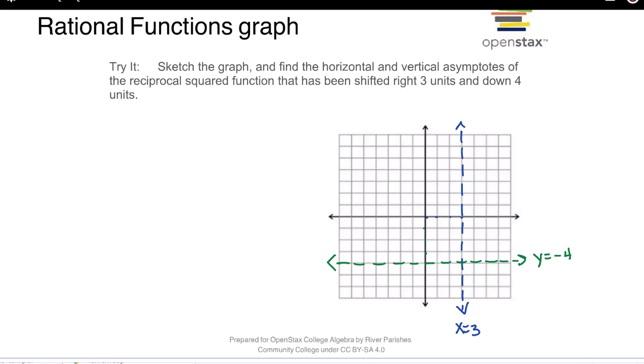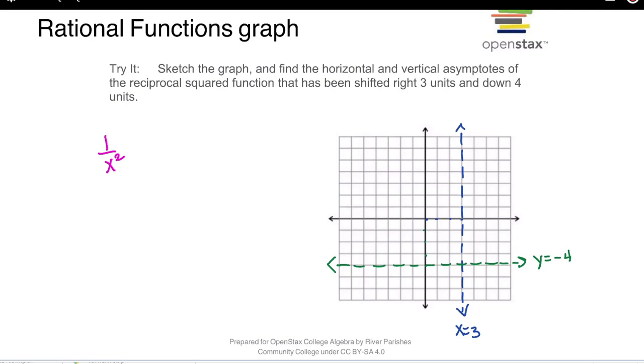And if you will recall what happens on this particular graph, this is a transformation of 1 over x squared.